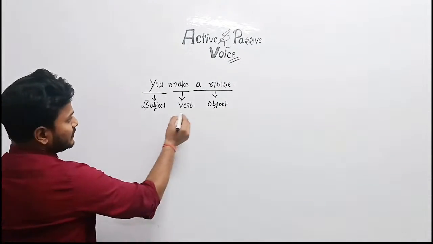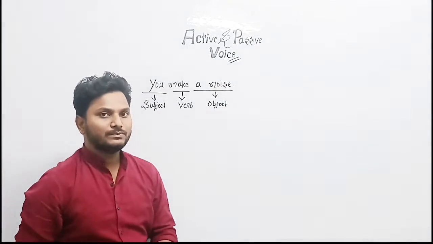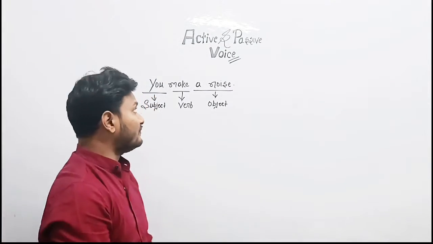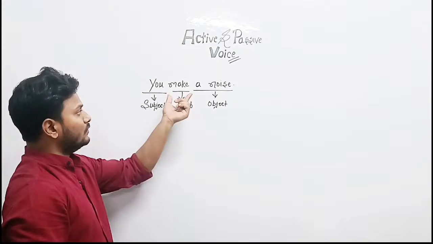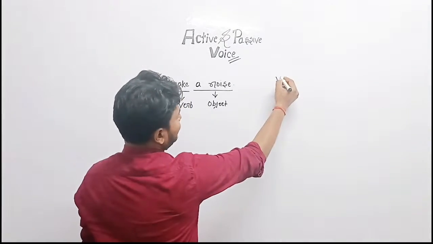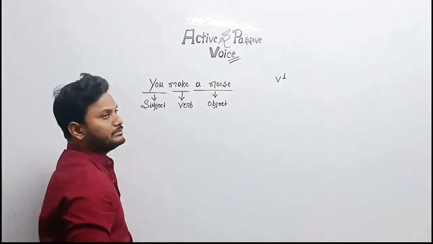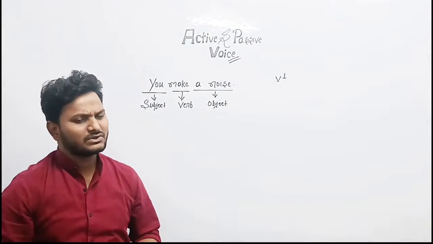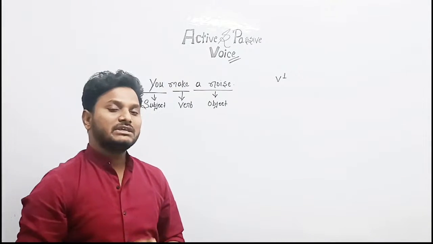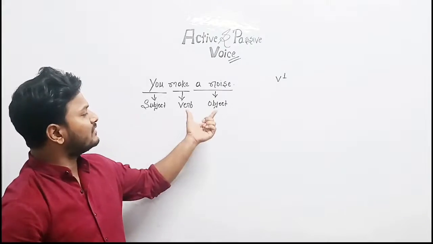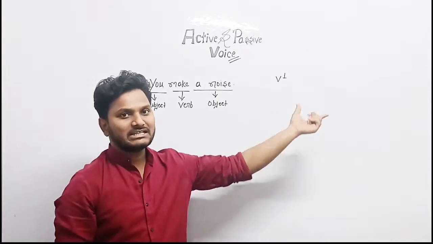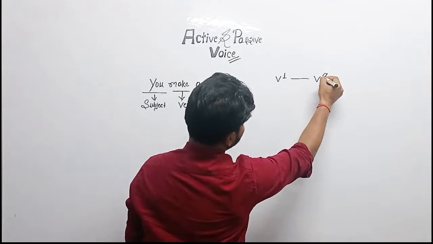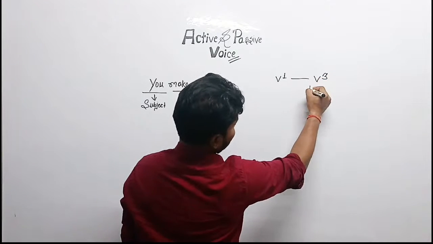Whenever we are going to change active into passive voice, the first thing you have to understand is the verb form. Here is verb 1. Always remember, whether it is present tense, past tense or any tense, the verb always changes into past participle, that is verb 3.